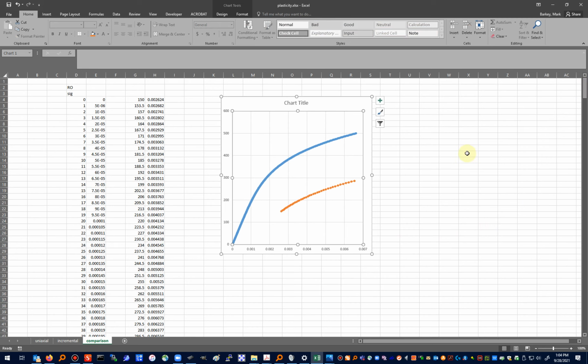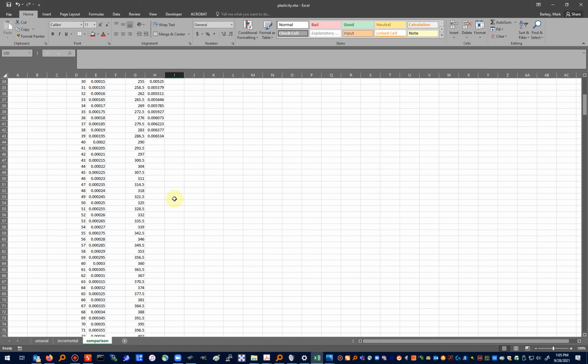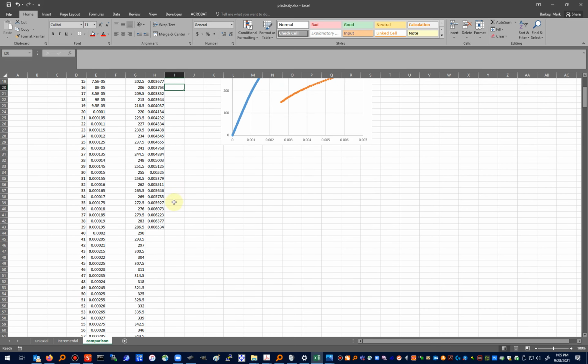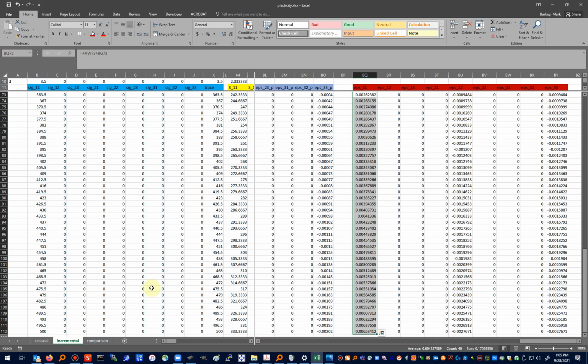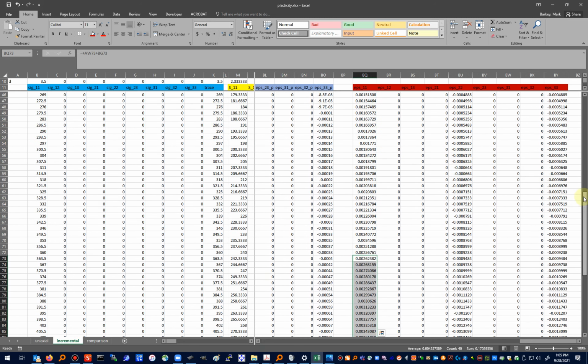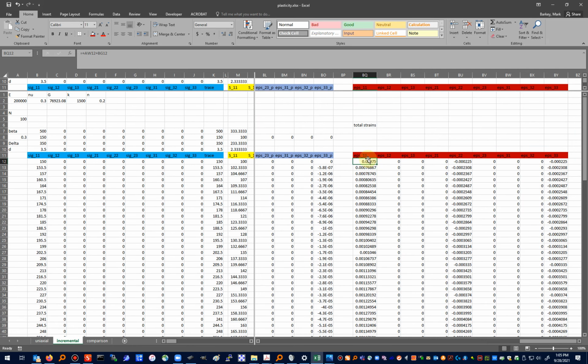Oh no! So let's see. They don't fly on top of each other. Let's see what happened here. Something seems kind of weird because I know we have a lot higher stresses, so I must not have collected all the plastic strains. Let me check this. Oh, you know what? I didn't start up at the top.